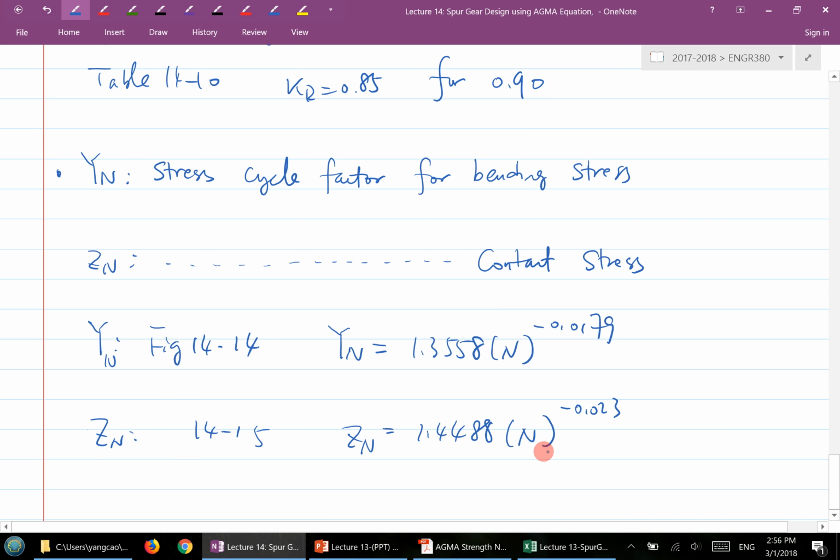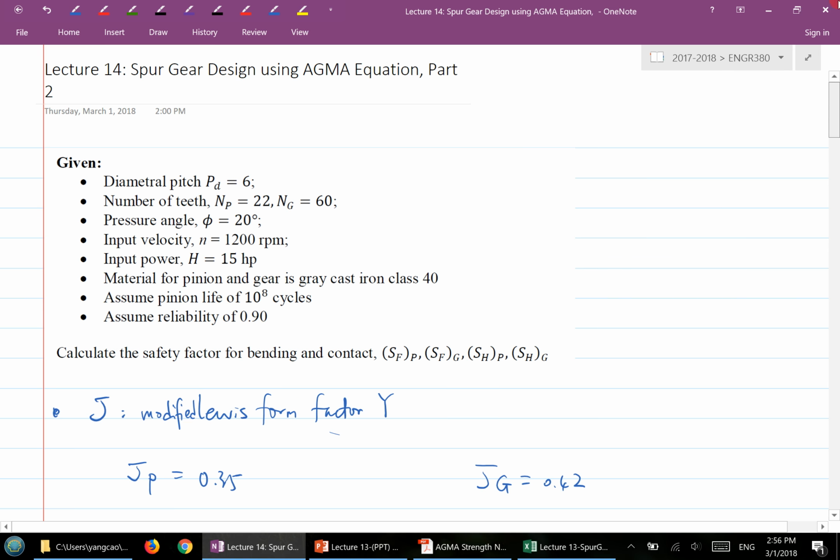And all you need to do is substitute the actual number of cycles into the formula, then you get your yn and zn. For this particular example, I think it's already given to you, assuming a pinion life of 10 to the power of 8 cycles.